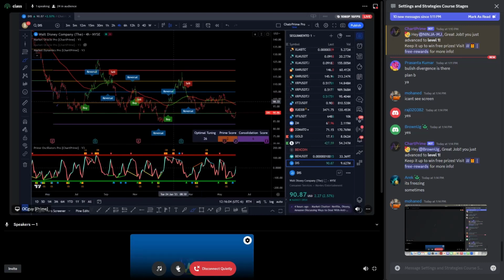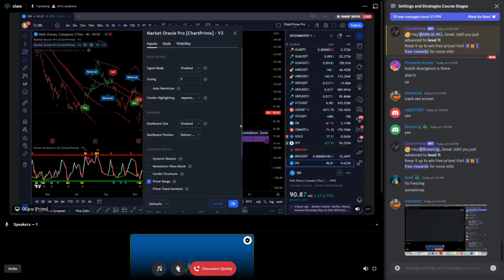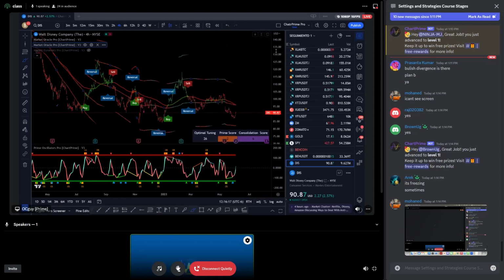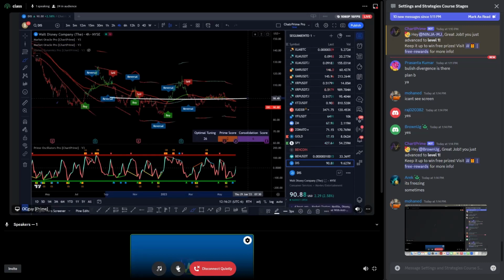All right, so the evolution of these predictive ranges is the prime ranges. Prime ranges are the evolution. Why? Because they are not straight lines that you need to encase the price, or where you need to guess where it's going to bounce off. It is basically following every single candle.